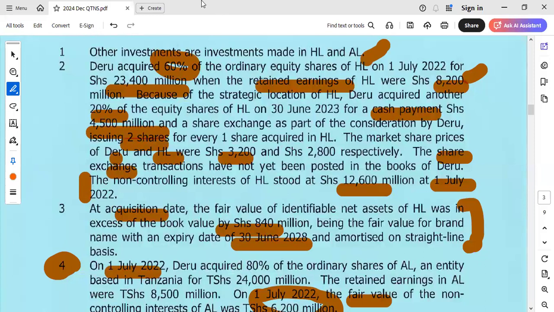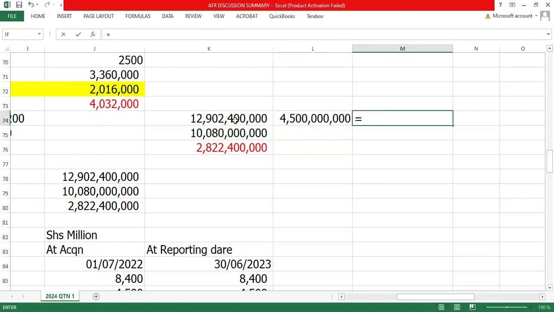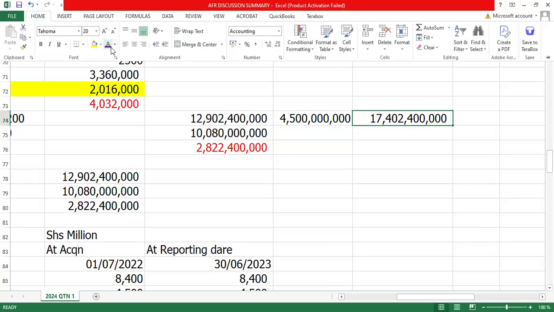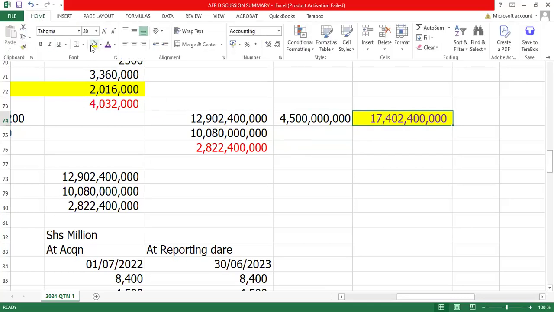When we add, it is 4.5 billion, we add other 3 zeros. So when you get this plus this, this is the total investment, the money you injected.